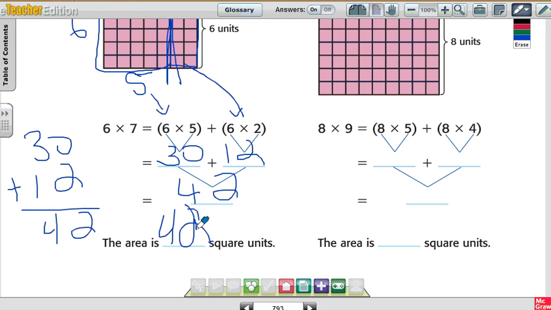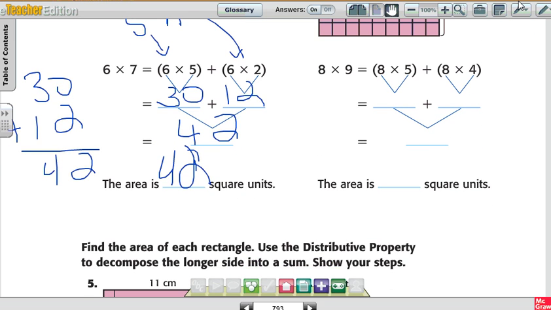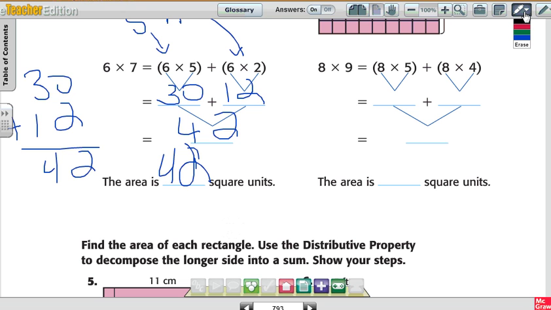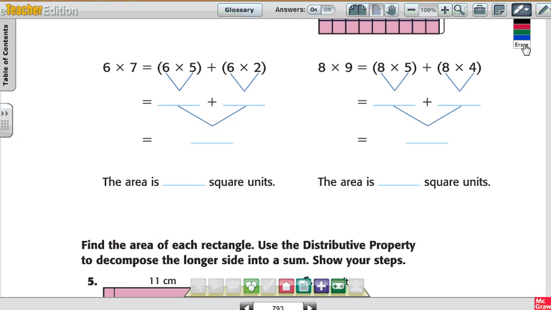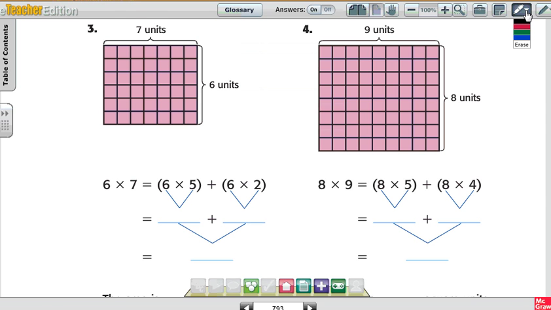Okay. Obviously, the other way that I could just do this is just 7 times 6, right? I can just go 7 times 6, which is 42. You can do it that way as well, because we're multiplying length times width.